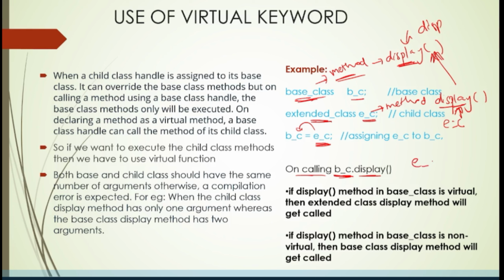When I call ec.display also, the display from the base class should be executed. Is it possible? Yes, it is possible by writing the virtual keyword before the display function within the base class. Got my point? Yes, this is how the virtual keyword is used.